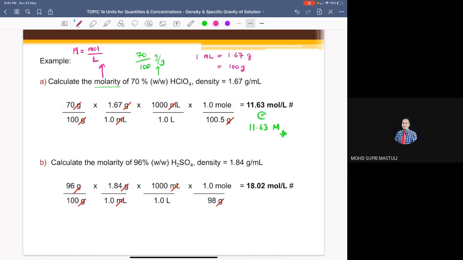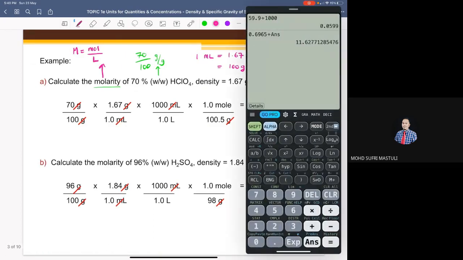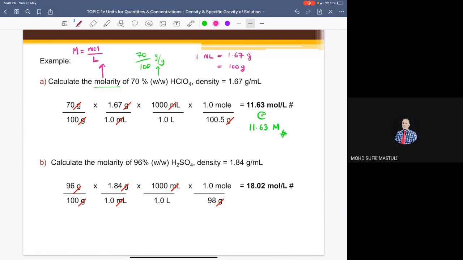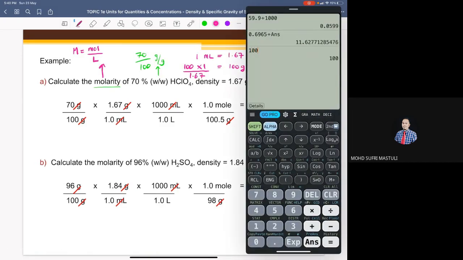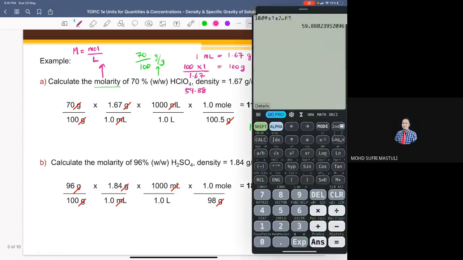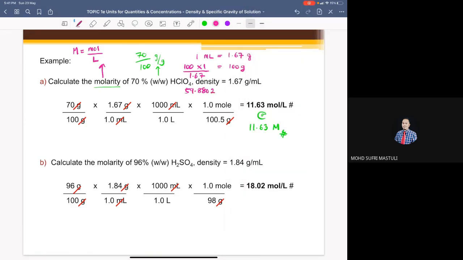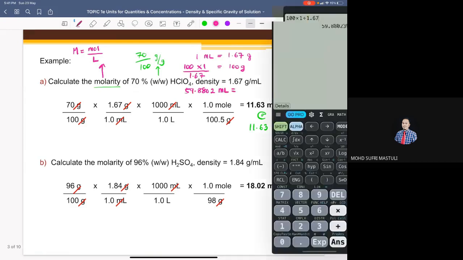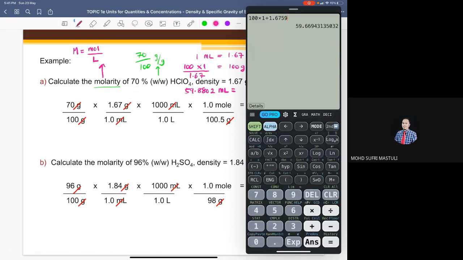So if you have 100 gram of solution, you can have 100 times 1 over 1.67, so you will have 89.8802 ml.